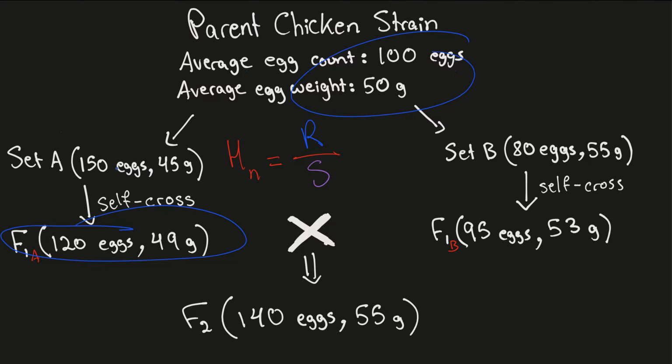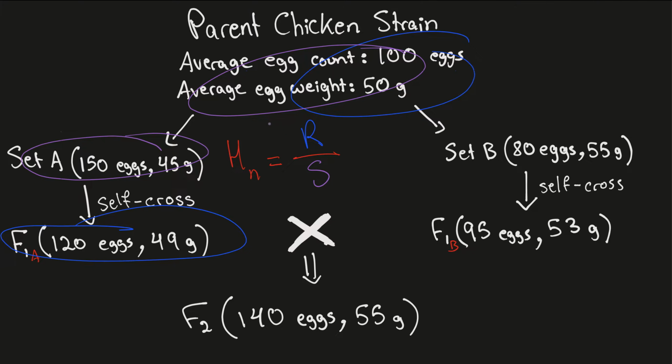It's a very shifted set towards one end or the other of the parent strain, right? We chose a set that had a lot of eggs. So the selection response is basically what we get once we self-cross that set. And the selection differential is basically the difference between set A and the parent set, right?